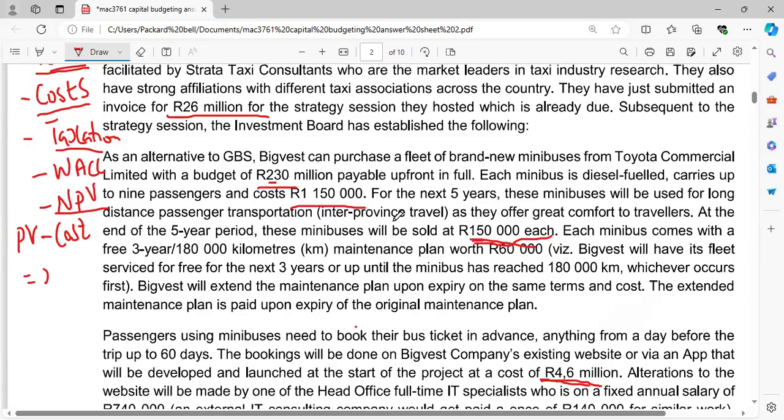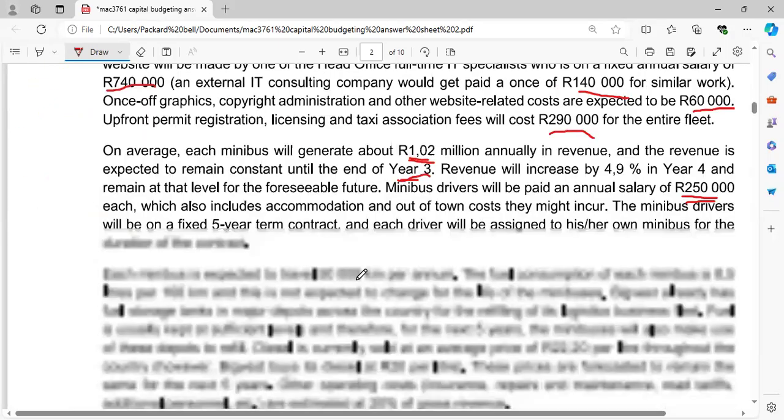So here we need to determine how many minibuses these guys purchase so that we can determine the residual value. The total cost for the minibuses is 230 million, and each minibus is 1,150,000. So here we can get the number of minibuses, then we multiply by 150,000.